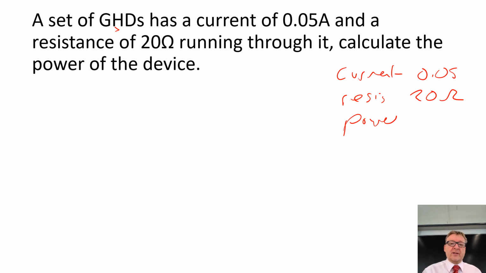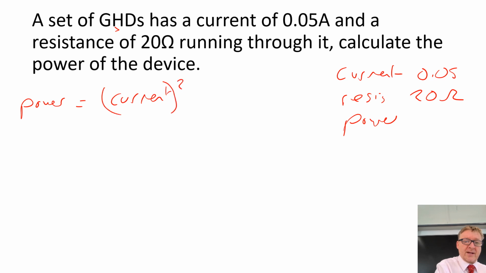Look for my formula, either in your head or from your formula sheet. So I've got power equals current squared times resistance. Okay, current is in amps, resistance is in ohms, and power is in watts.